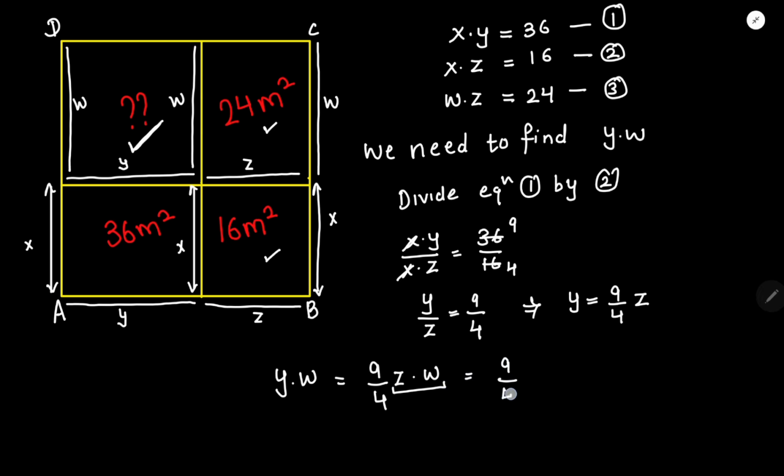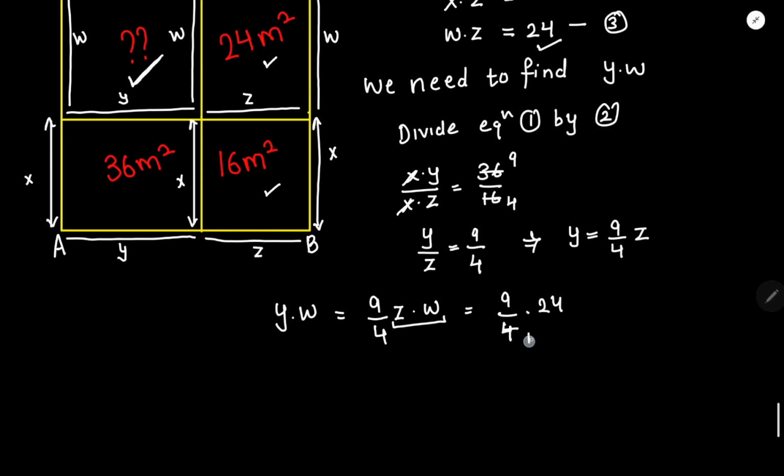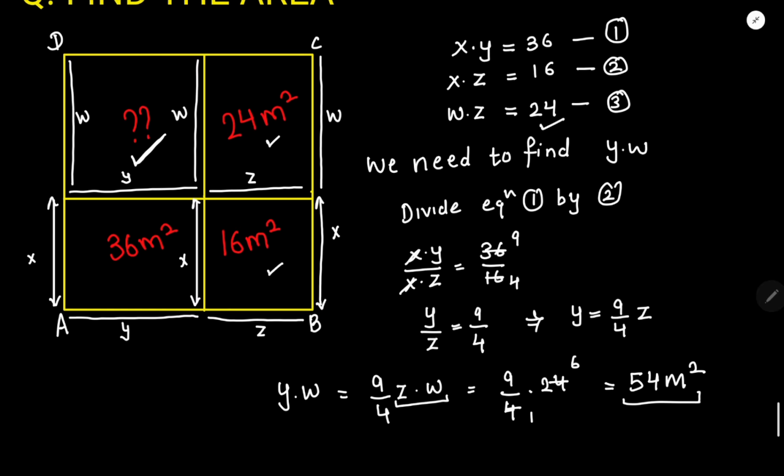Z times w is equal to 24, as we know by equation 3, right? Okay, so if I cancel this out, this will become 54 meter square, because everything is in meter. So 54 meter square. So what is the area of this rectangle now? It is 54 meter square.